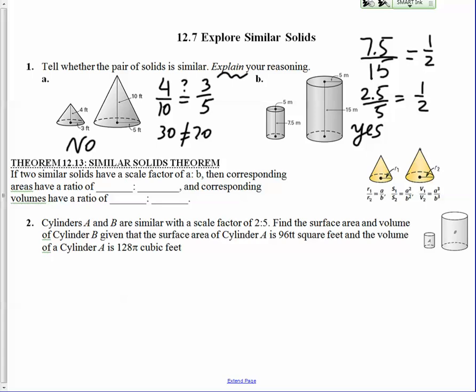This is the volume. And this is the surface area.